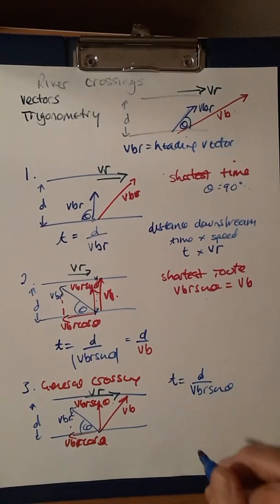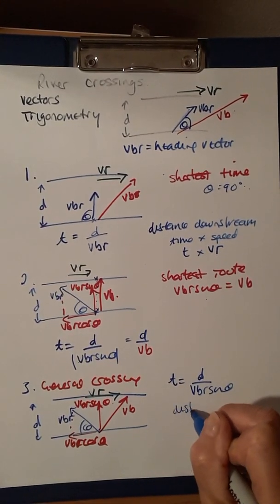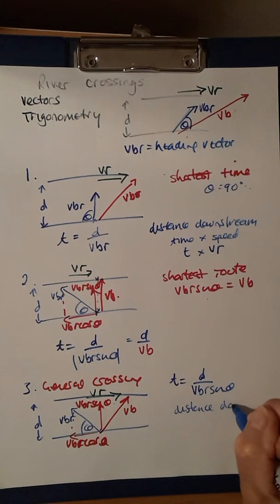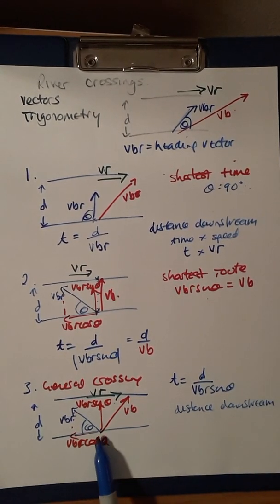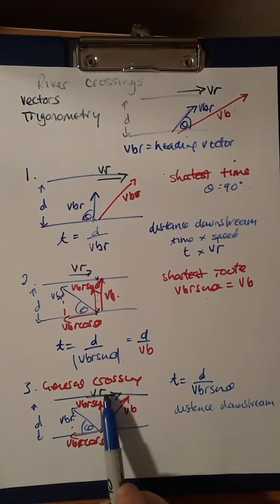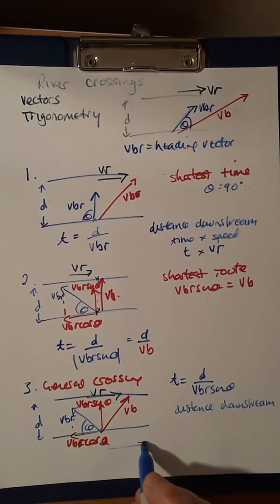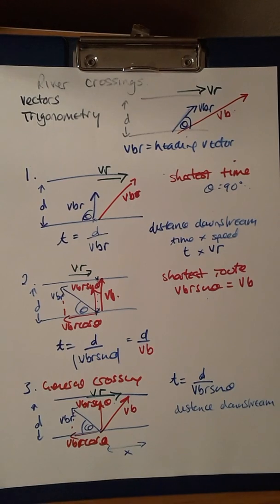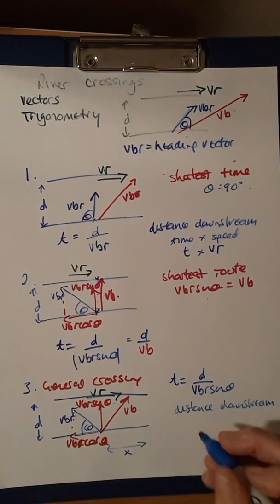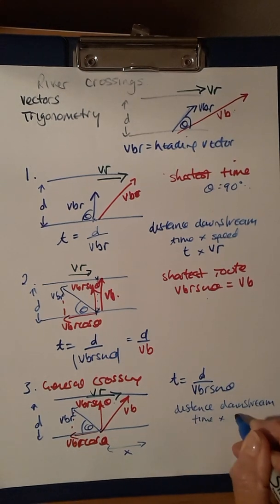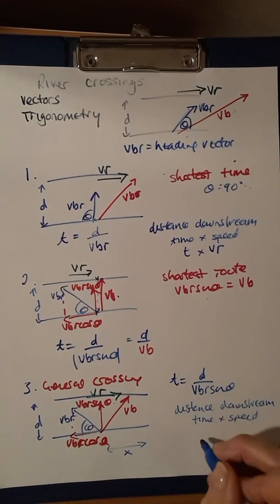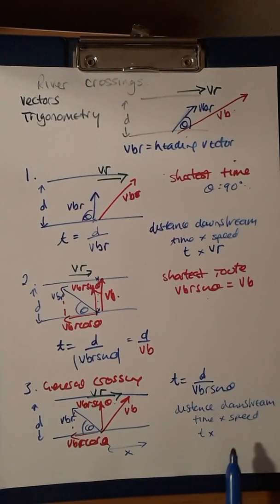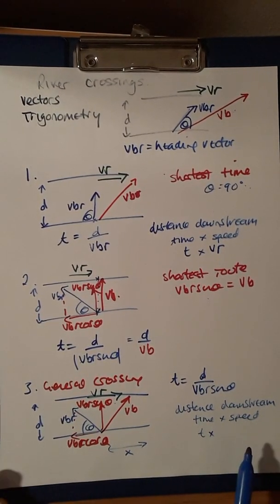The other thing I might want to find out is the distance downstream I end up. So the distance downstream this time, so this is where I started and this is where I'm ending up. So that's going to be my distance downstream. From there to there, I'll call that x. So let's find that distance x. Distance, remember, is time multiplied by speed. So it will be the crossing time t, multiplied by the speed that took me down the river.